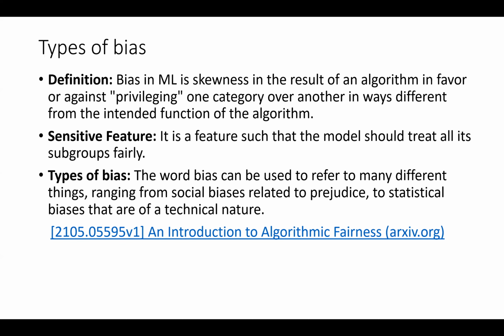So if you decide to just remove that feature, the impact is still there in the data set and can be detected and captured by the algorithm. So the bias is still there. And for example, black and white.